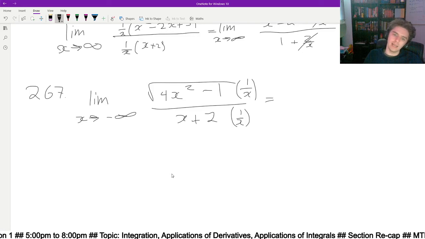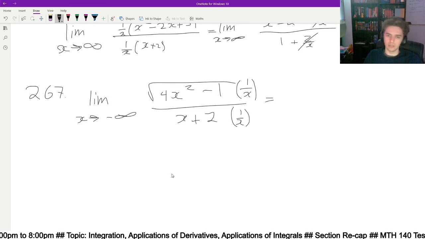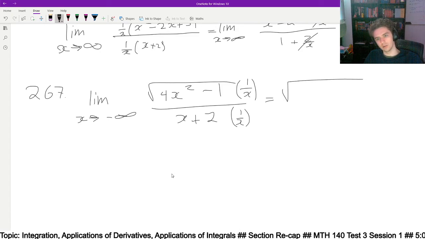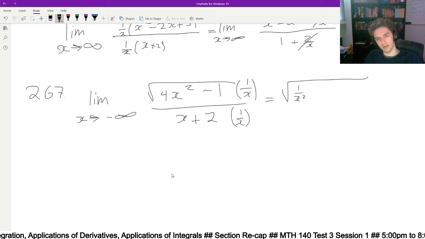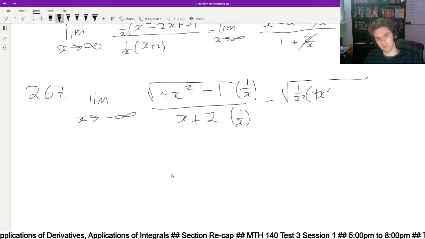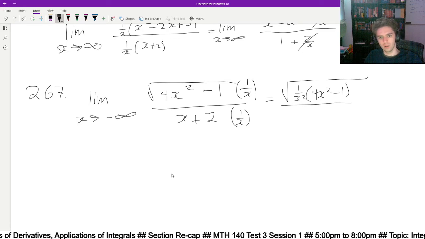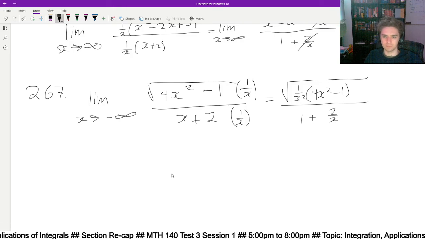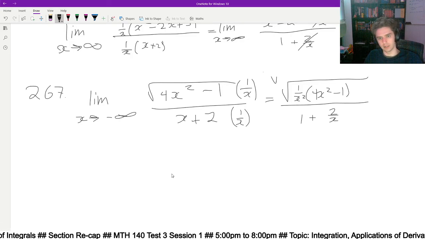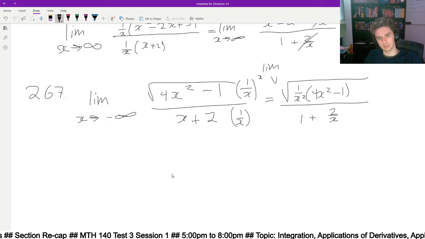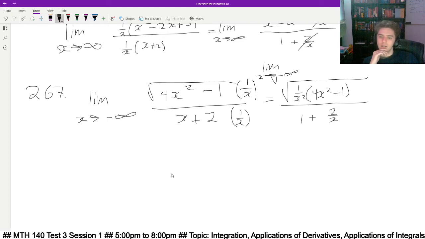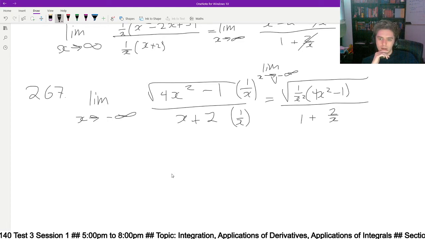To put that into the square root, I'm going to have to square it, right? So it's going to be the square root of 1 over x squared times 4x squared minus 1, over 1 plus 2 over x. Limit in here again, limit as x goes to negative infinity. Okay.